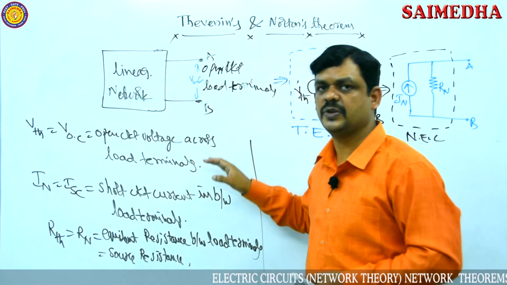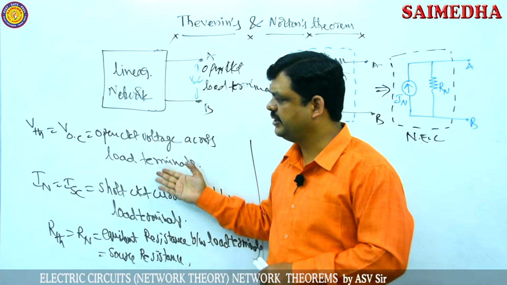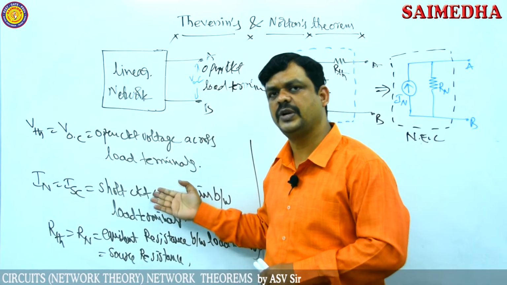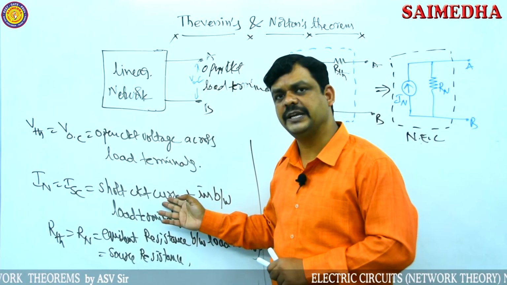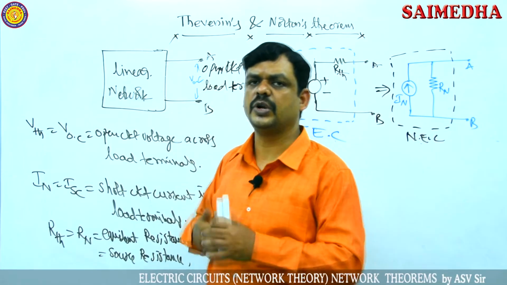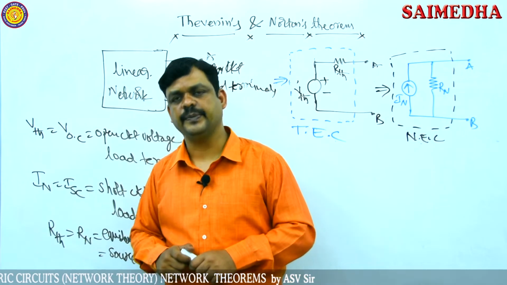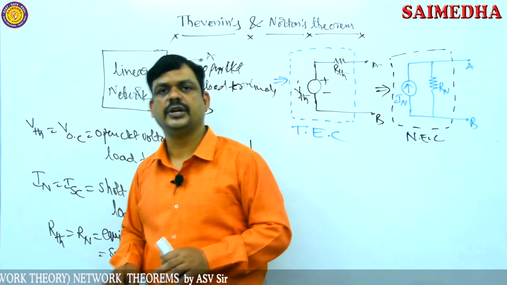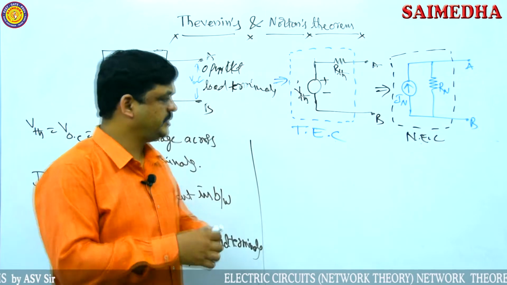To find VTh and IN, generally we use nodal analysis or mesh analysis, or some other techniques. But to find the Thevenin's or Norton's resistance, a separate procedure is there.